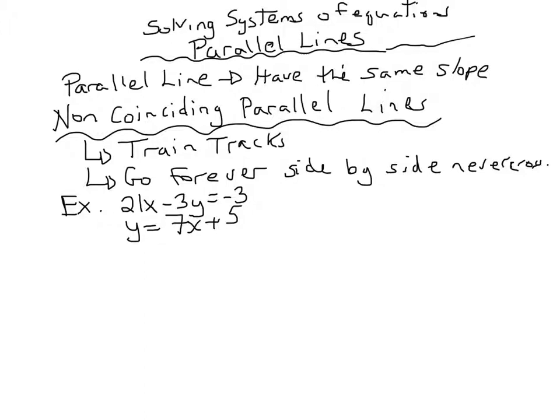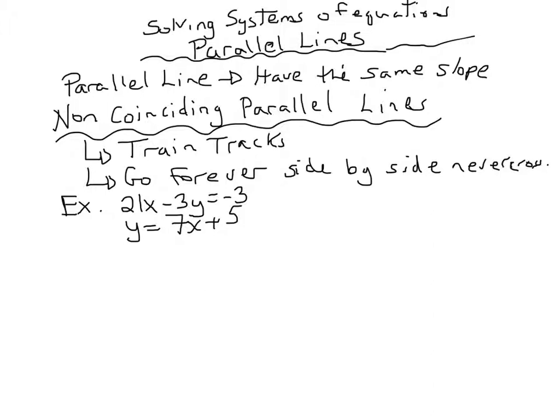But if they're given to you like this, the top equation in general form, it's not easy to see if it has a slope of 7. You could figure it out, but you're not going to do that for every system you're given. You're just going to go about solving them.